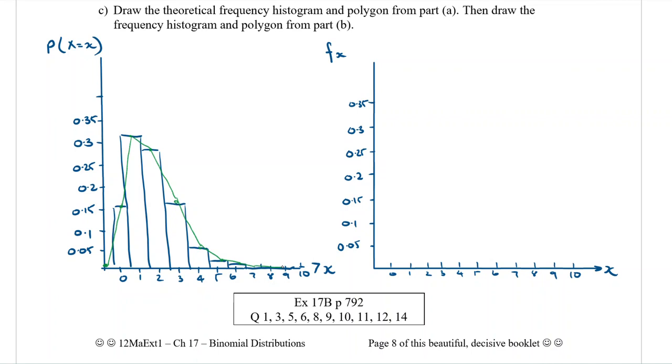And now for the experimental one. So we're doing the f of x column of the table. So 0.11, 0.28, 0.31, 0.21, 0.09.